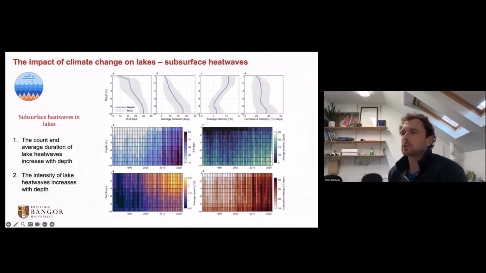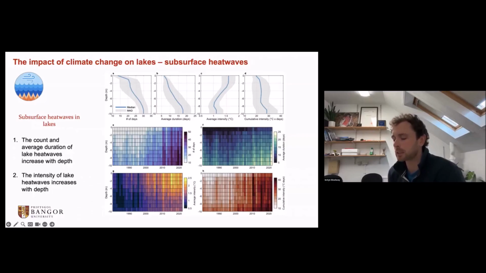Related to these surface heat waves and the thermal anomalies below the lake surface, we also recently defined a new metric which we call lake subsurface heat waves. These are periods in which lake bottom temperature anomalies exceed a historic extreme baseline.